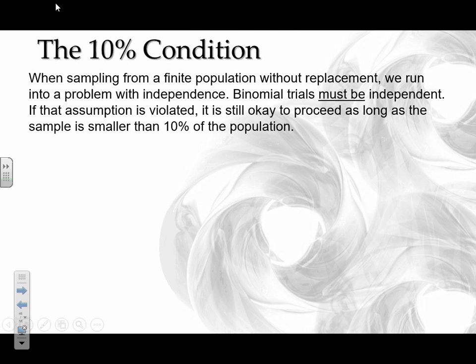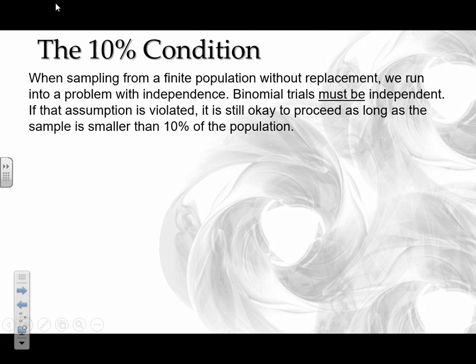So when we sample from a finite population, in some cases we can't avoid it, and what we found is that if we're less than 10%, so if we end up sampling less than 10% of our entire population, we can still assume independence.